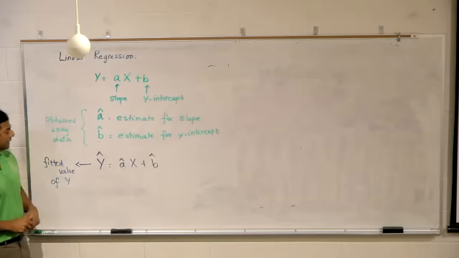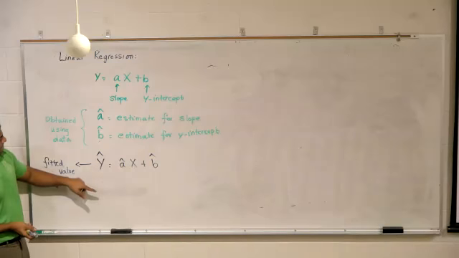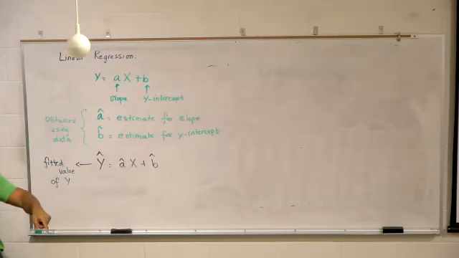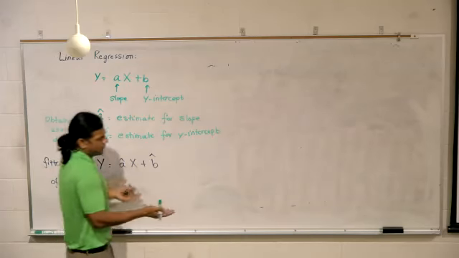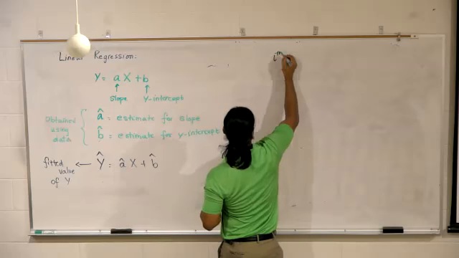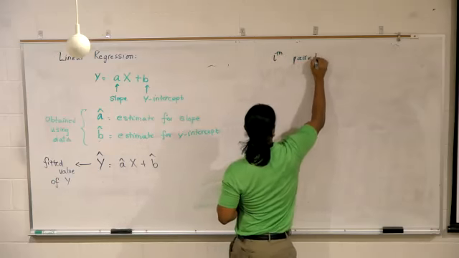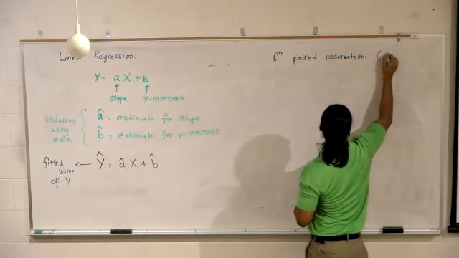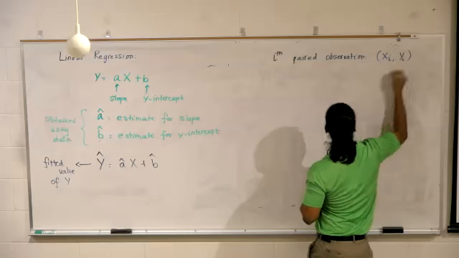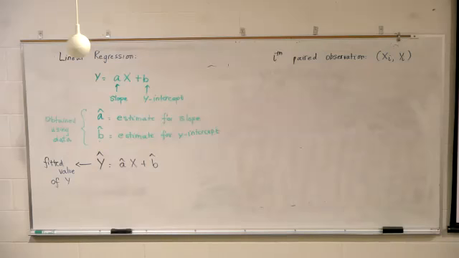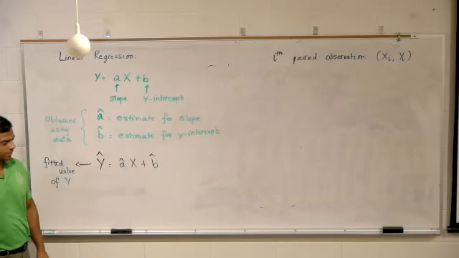Last time, we obtained values of y, and then we did y hat. And they weren't the same, they will not be the same. Each observation in the sample is x1, x2, x3, x4, likewise y1, y2, y3, y4, and so on.